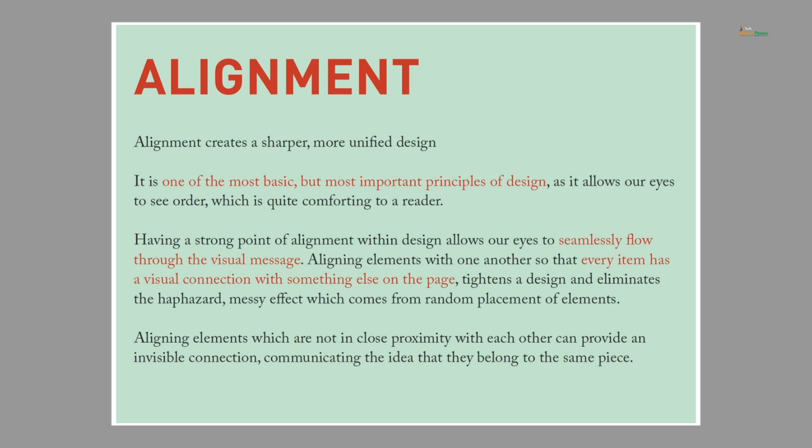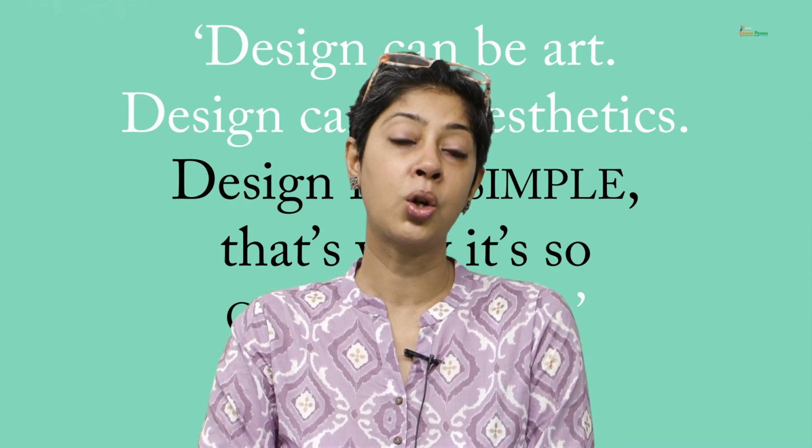Alignment creates a sharper, more unified design. It is one of the most basic but most important principles of design, as it allows our eyes to see order. Order which is very comforting to a reader. When you are reading a book, you don't want to be jostled into unfamiliar territory constantly.